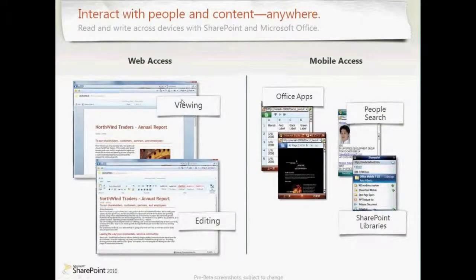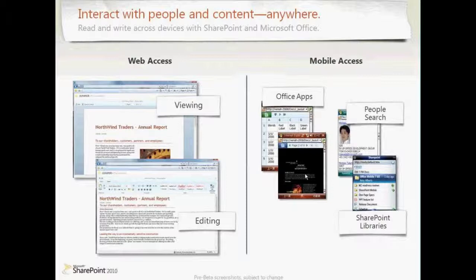As you noticed, we have that ability to view content in the web server, in the web page, I should say, and also edit it in there, so that gives me web access. But I can also, using Office apps, get at content on mobile devices. So you might be holding a tablet, right? Be connected to the corporate SharePoint site, see a document, need to make a change, and be able to do it because you're essentially going to do it through a web page.